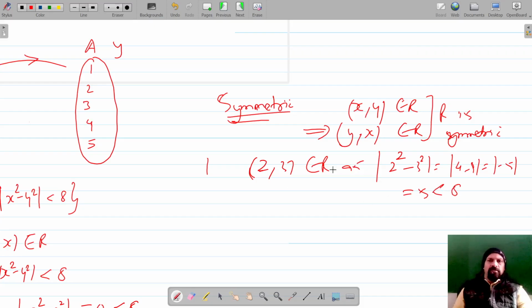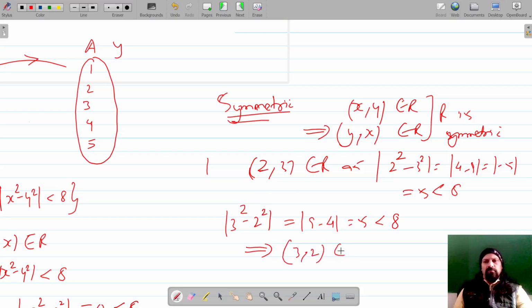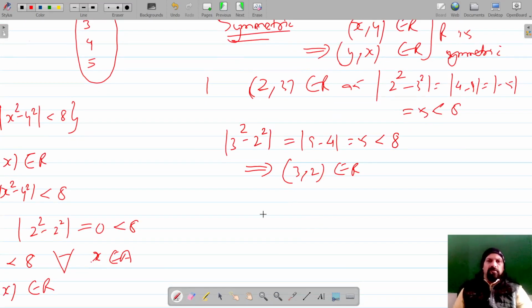Now let's check 3² − 2², which is 9 − 4 = 5, and modulus of 5 is 5, which is less than 8. So if (2, 3) is in relation, then (3, 2) is in relation. Therefore R is symmetric.